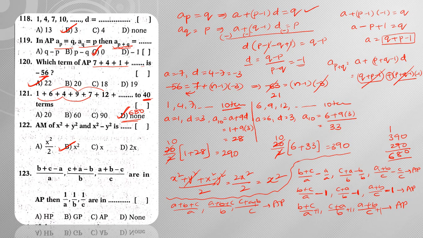Now if three terms are in AP and you divide with a constant term, then also this will be in AP. I am going to divide these three terms with a plus b plus c. Then what I am going to get? 1 by a, 1 by b, 1 by c. So again this will be in AP. So hence the answer is AP. 1 by a, 1 by b, 1 by c will be in AP. So this is one approach.